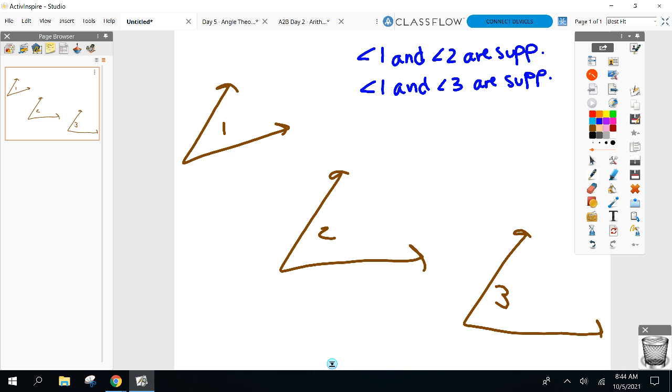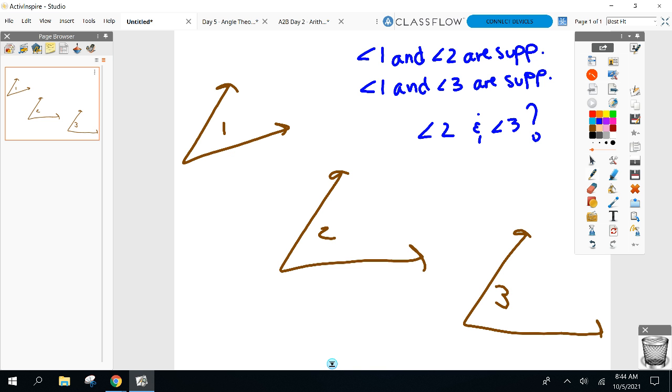And I'm going to tell you 1 and 3 are supplementary. What's the deal with 2 and 3? Are they? Yeah. That's not usually what I hear right away.